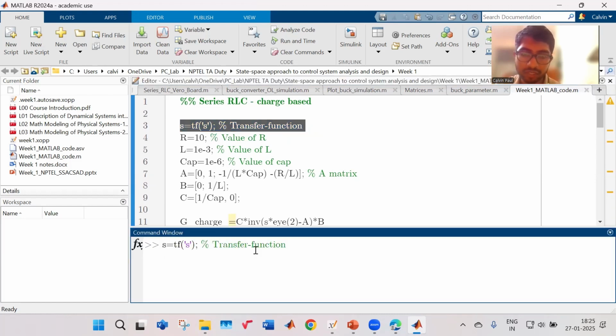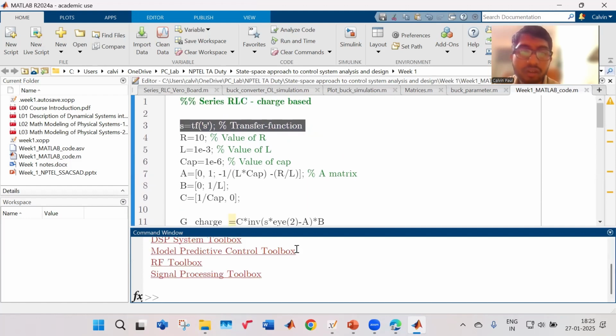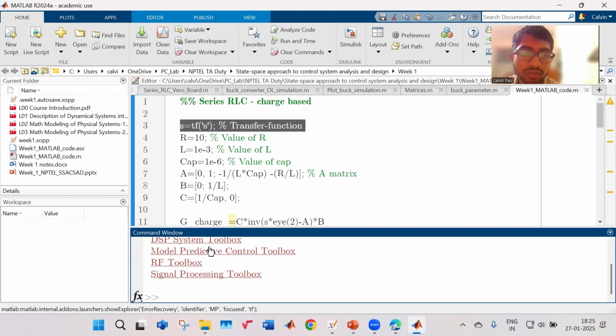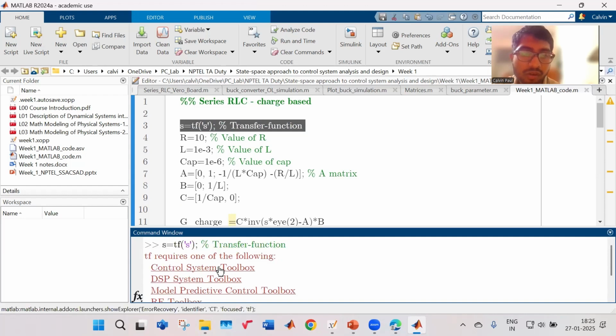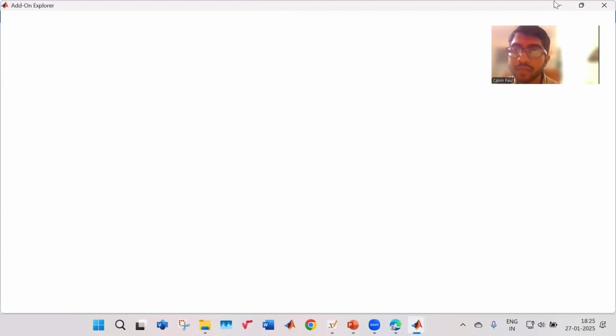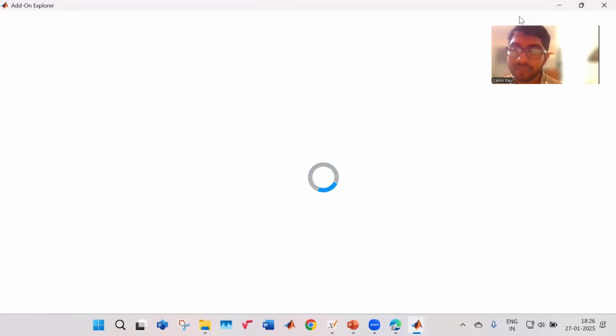S equal to transfer function of S. If I run it, okay, this requires my control system toolbox. Sorry, I actually did it on my PC and it is not there on my laptop.